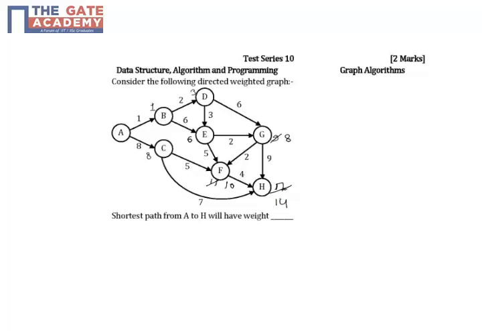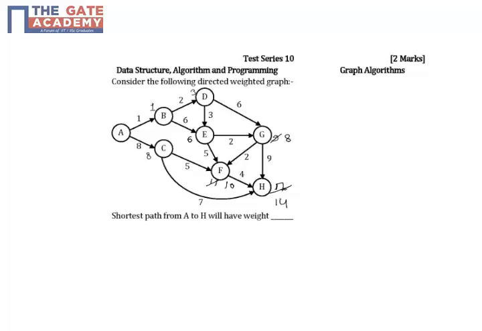So I have changed it to 14. Now the next node to process should be H, because H is the shortest distance node from F. Now there is no outgoing edge from H, so I'll leave it as it is.